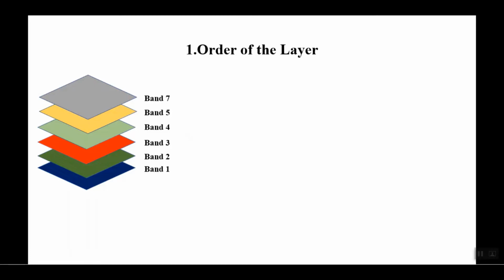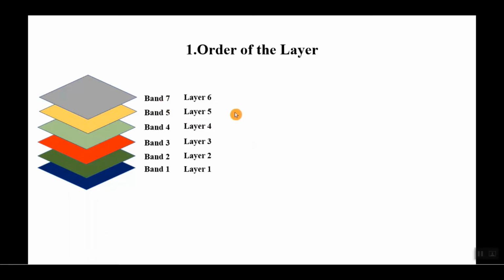For example, in Landsat 7 I used this combination: band 1 as layer 1, band 2 as layer 2, band 3 as layer 3, band 4 as layer 4, band 5 as layer 5 and band 7 as layer 6. These are blue, green, red, near infrared, shortwave infrared 1 and shortwave infrared 2.